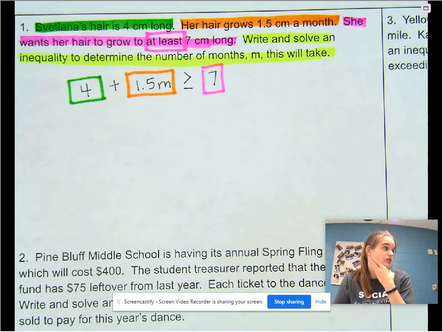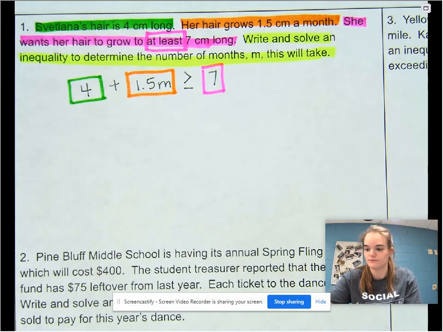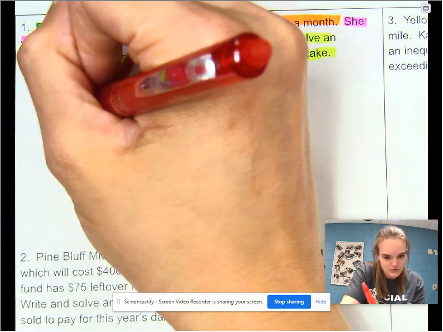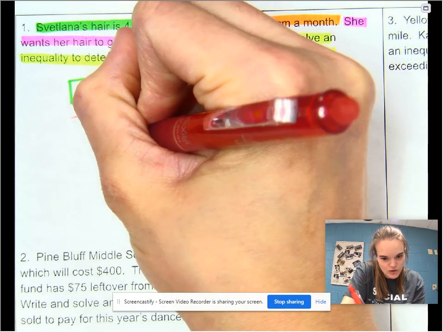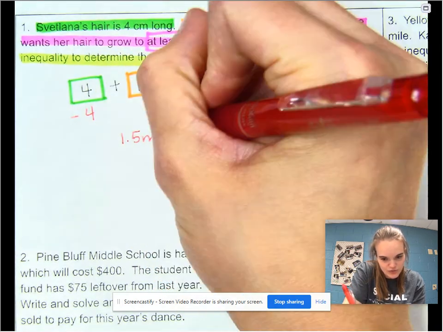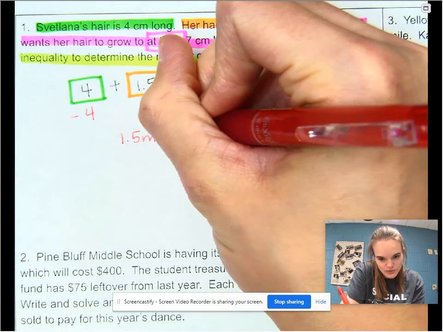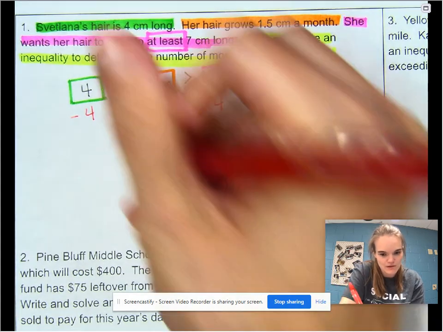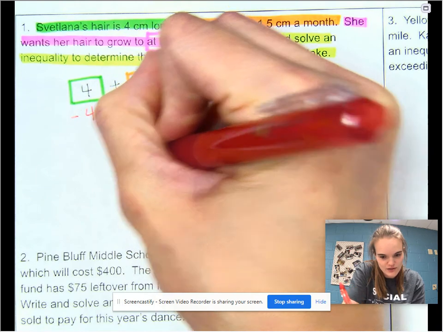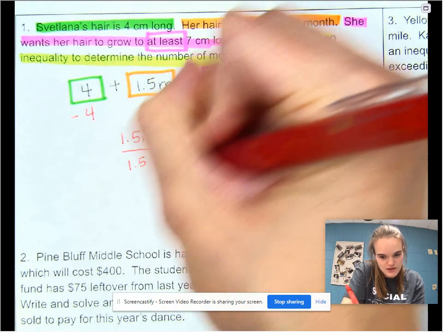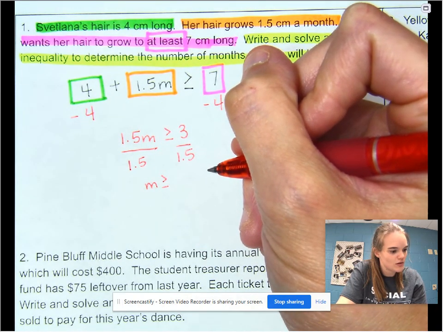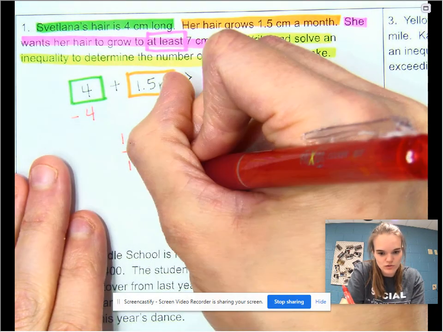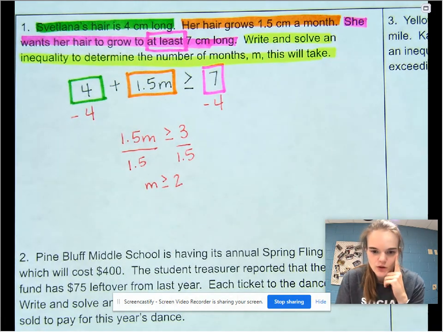Okay, now we're going to solve. So now it's just a 2-step inequality. It's a good idea for you to take some time and solve that. Okay. Subtract 4. So 1.5 M is greater than or equal to 3. Divide by 1.5. M is greater than or equal to 2. So let's look at what the question is.